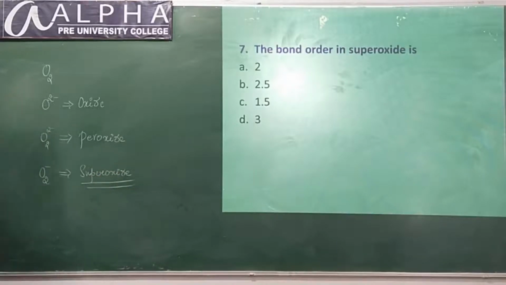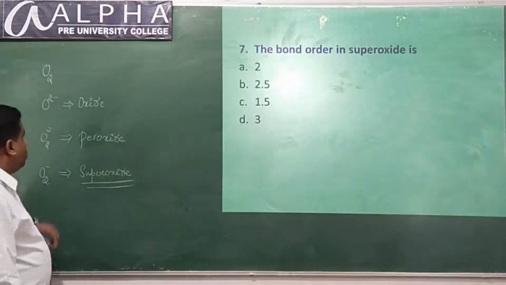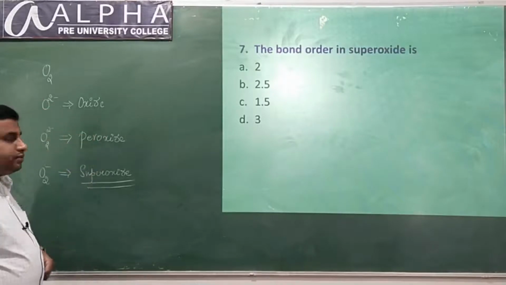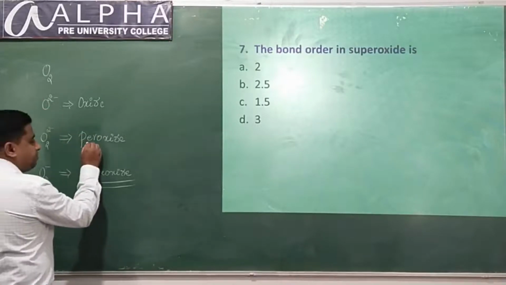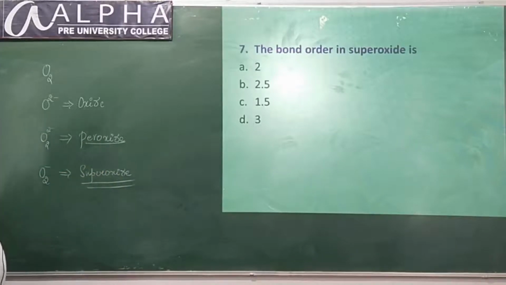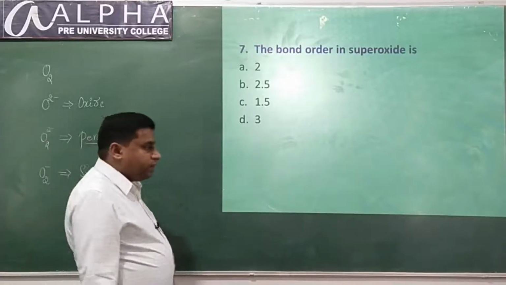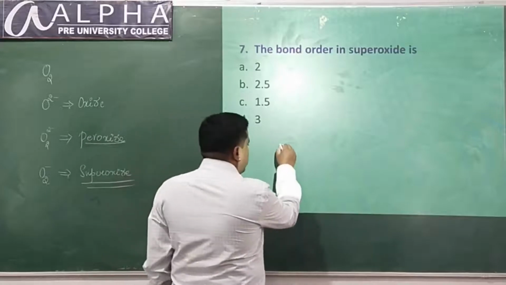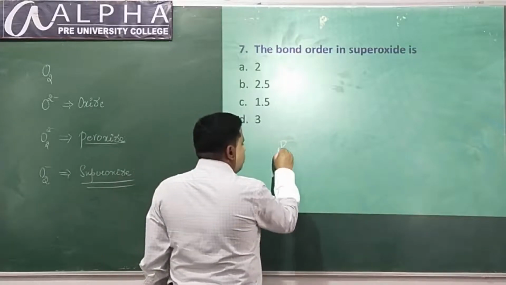O2 is normal oxygen, O2 2 minus is peroxide, O2 minus is superoxide. Now it is asking you to calculate the bond order in superoxide. What is the formula for bond order?